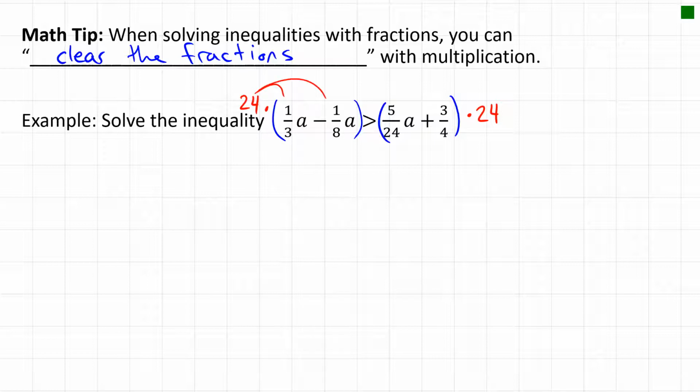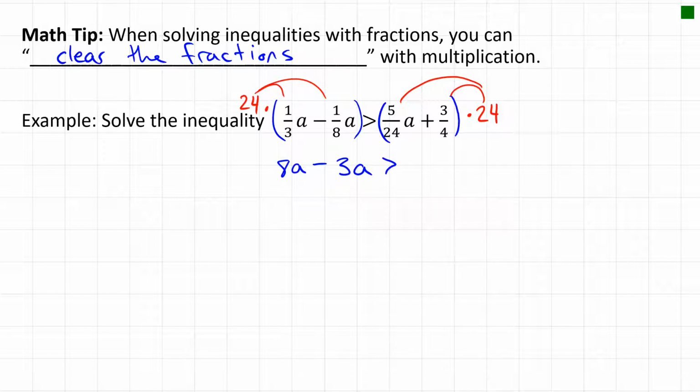So you have to make sure to multiply 24 into each term on each side so that our inequality remains balanced, just like an equation. So 24 times a third, we get 8a minus 24 times 1/8 would be minus 3a.